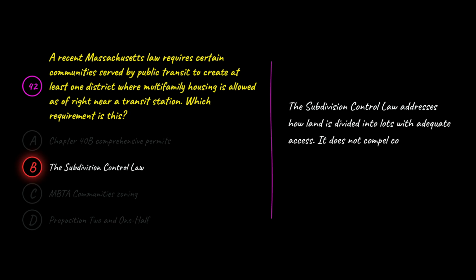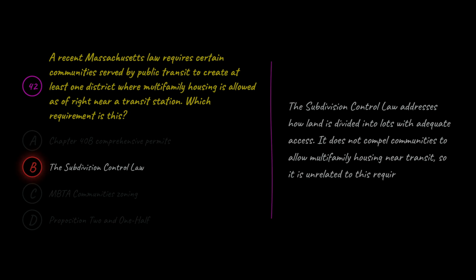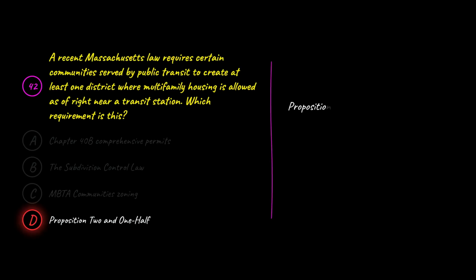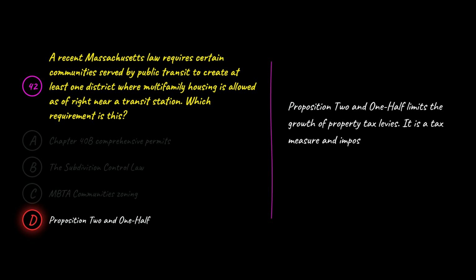It does not compel communities to allow multifamily housing near transit, so it is unrelated to this requirement. D is wrong because Proposition 2 and 1/2 limits the growth of property tax levies. It is a tax measure and imposes no obligation to create multifamily zoning districts around transit stations.